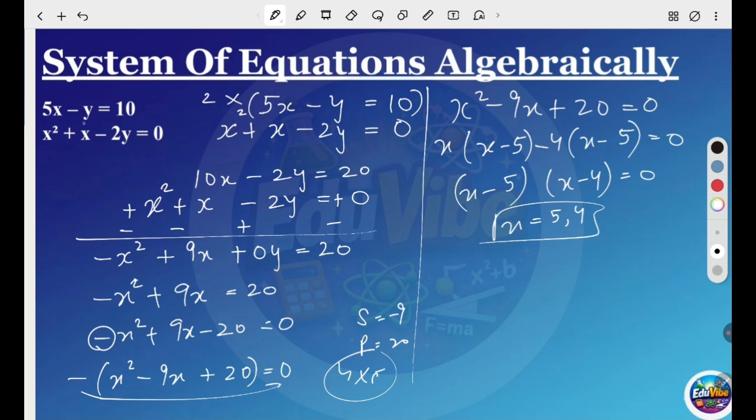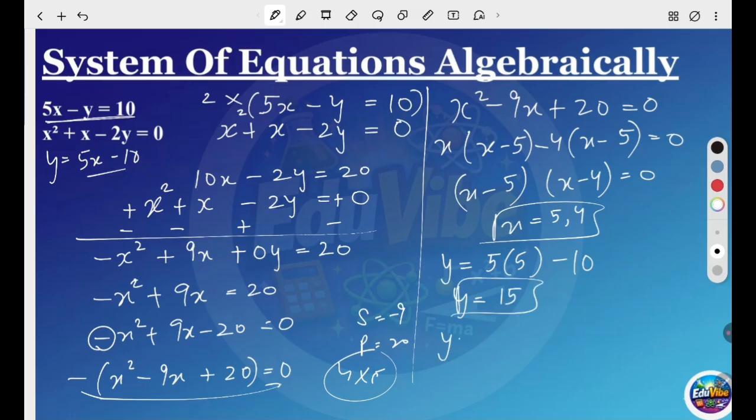So for the y value, you know that when we isolate the y over there, we get 5x minus 10. So you can just plug in 5 first, to get 25 minus 10, which is 15. Then doing just 5 into 4 minus 10, you get 10 there.